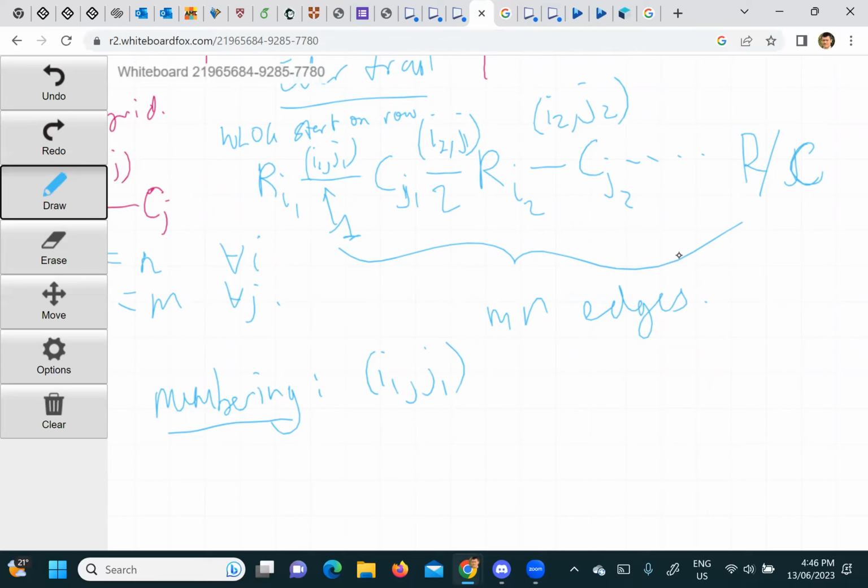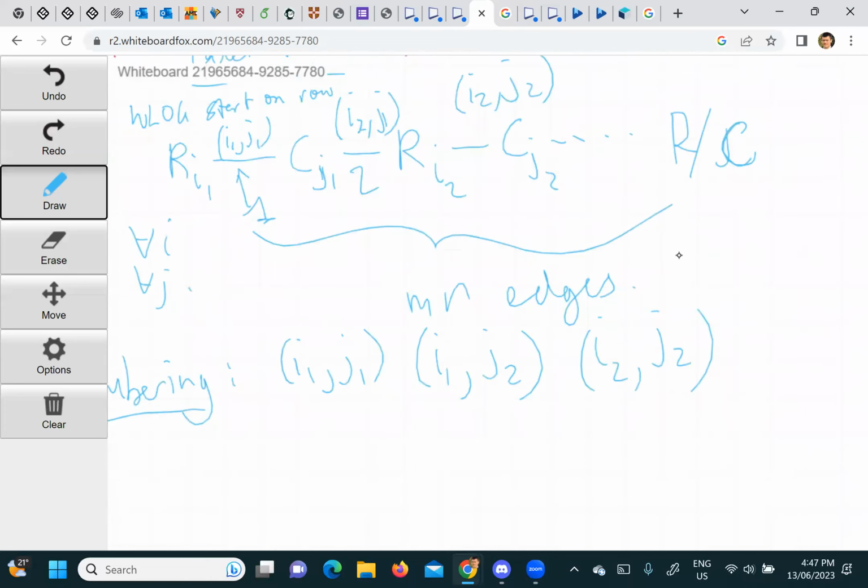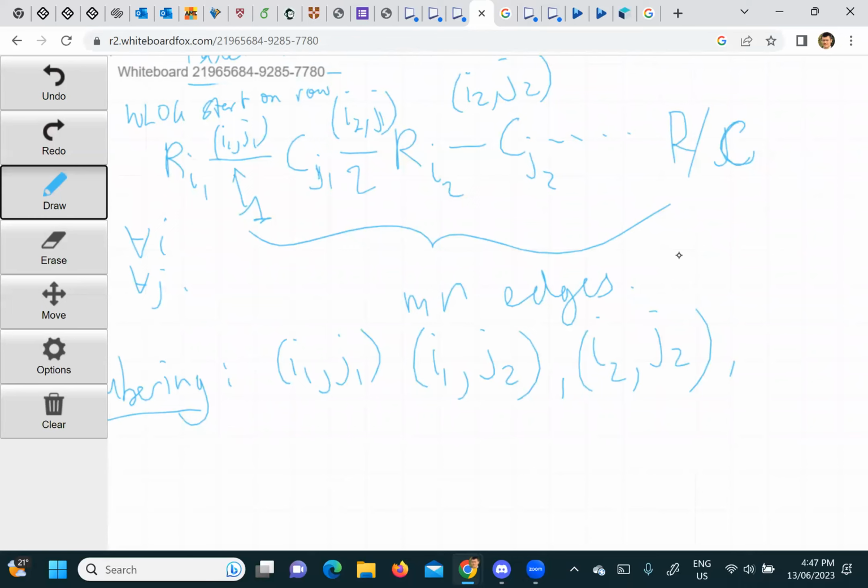If it goes in the same row as 1, then 2 will be in I1, say J2. Then 3 has to be in the same column, so it's J2, I2. Then 4 will be in the same row, but a different column. It has to satisfy the rules.